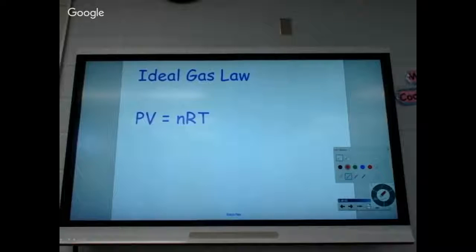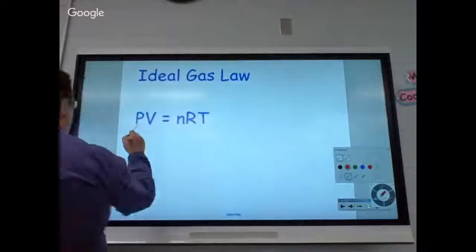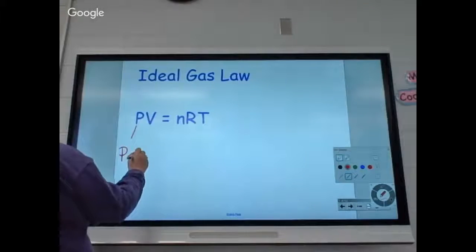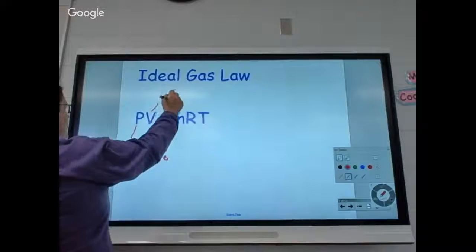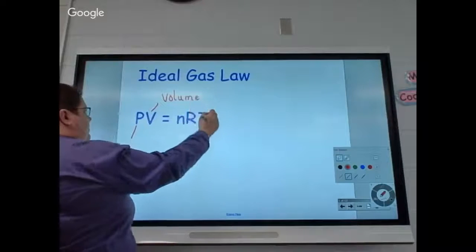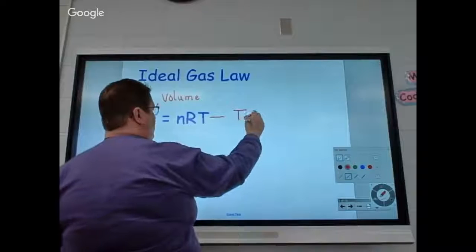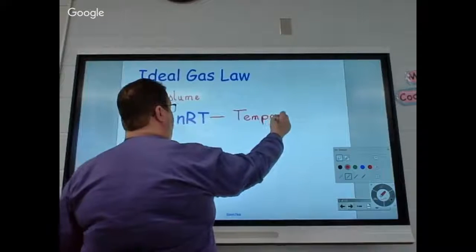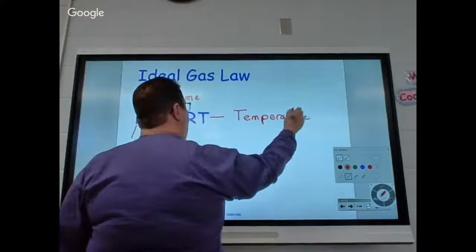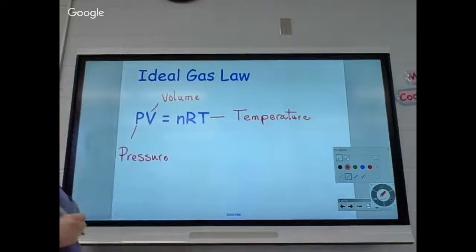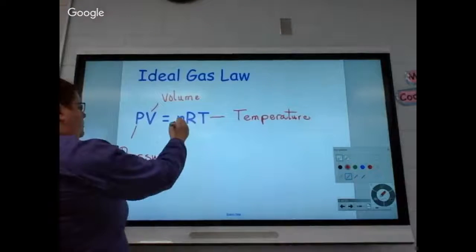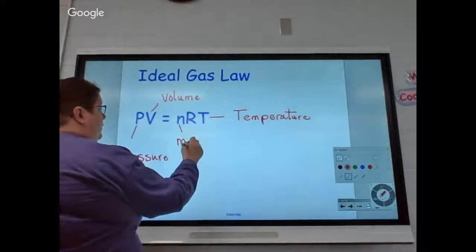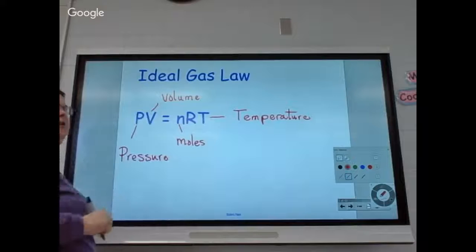P stands for pressure. V stands for volume. T stands for temperature. Now, N and R are the new variables, but I have to go back and add some qualifications to pressure and volume. N stands for moles. Lots of people ask that very question.